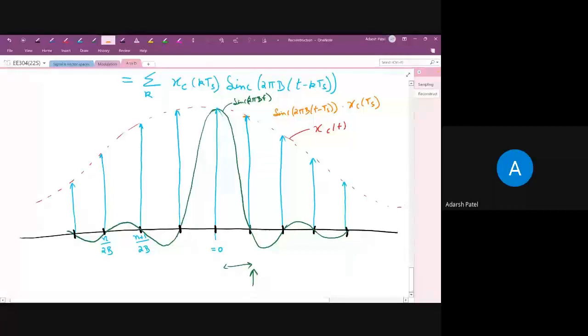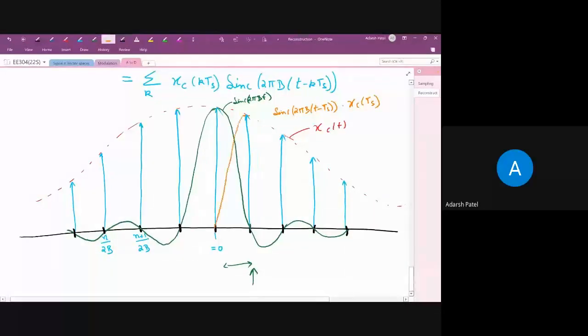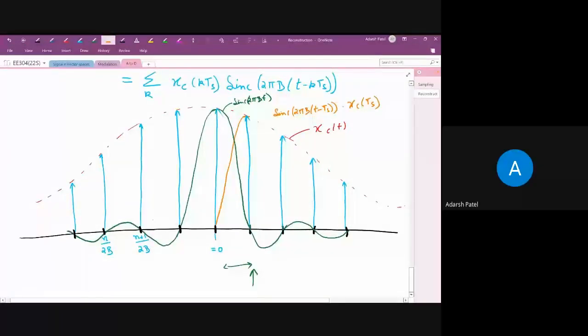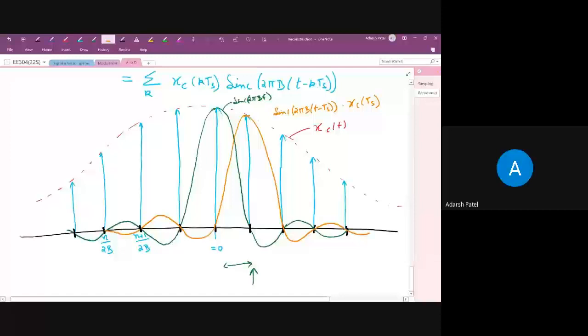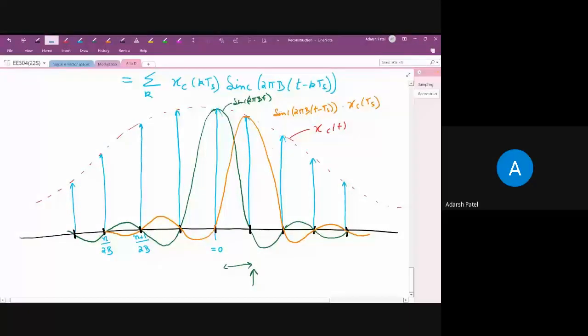This will have crossovers again like this, and so on and so forth. If I again draw similarly for minus Ts and other values, we can see this. The another one, if I continue, would be like this.